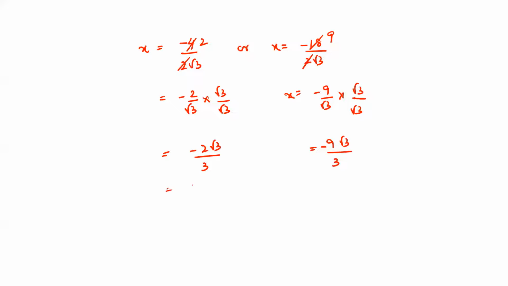Then this one, we can't simplify further. We have minus 2 root 3 by 3. But here I can simplify it further. So this has to be your answer. This is only when they don't ask you for decimal numbers or significant figures. Got it?